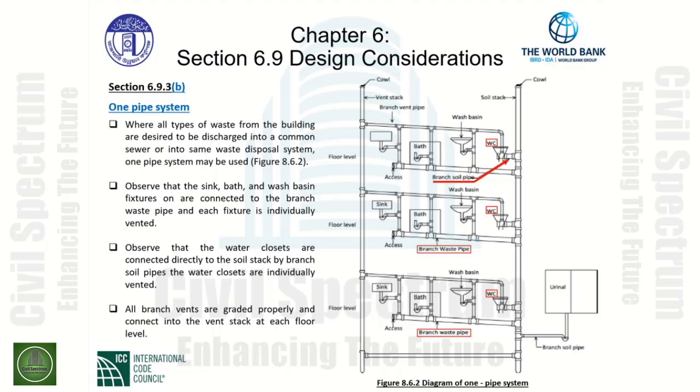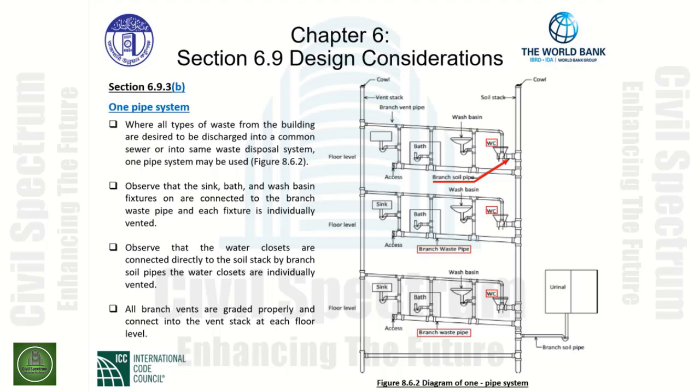As we can see, we have what's called the branch waste pipe that carries the waste from the sink, the bath, and the wash basin directly into the soil stack. The water closets are tied in or connected to the soil stack as well. We have individual vents off of each and every fixture.